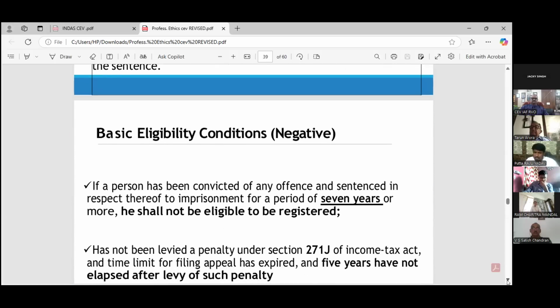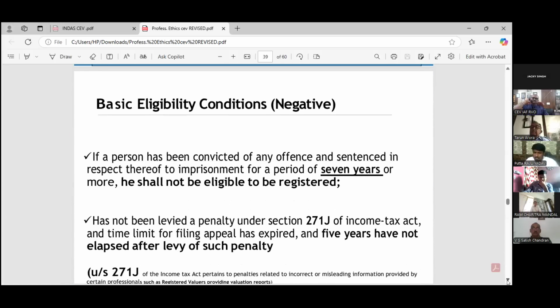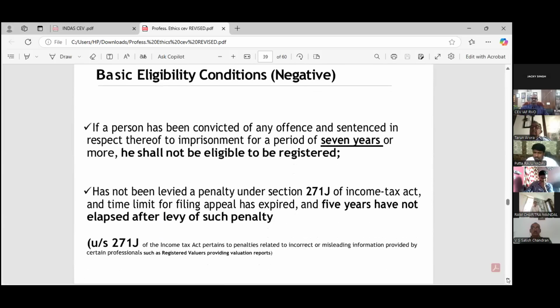If a person has been convicted of an offense and sentenced to imprisonment for 7 years or more, then he shall not be eligible to be a registered valuer.